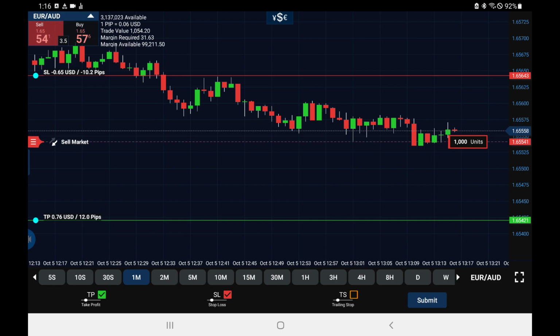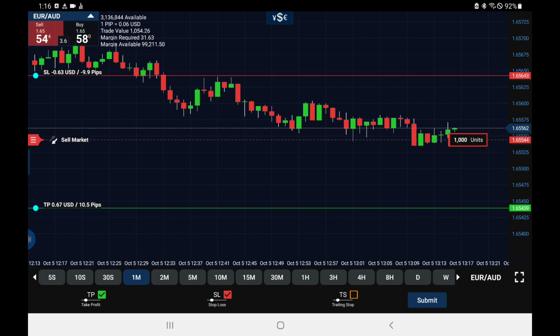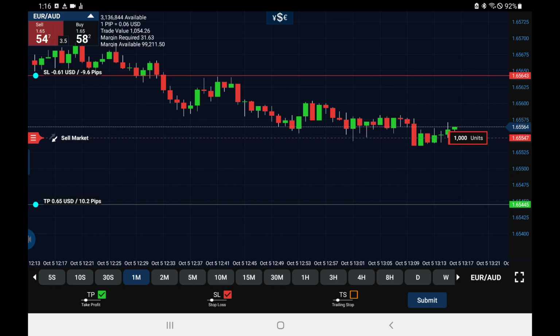And you can fiddle with it all you want all day long to get it perfect if you want. Okay, let's adjust this one down. So now we have roughly 10 pips for our stop loss, roughly 10 pips for our take profit.